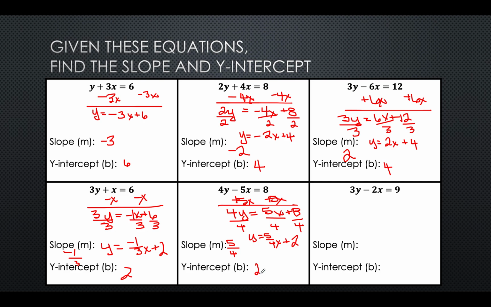The b is 2. Again, add our x term to both sides and divide by the coefficient of y. That leaves us with y equals 2/3 x plus 3. So the slope is 2/3, and the b is 3.